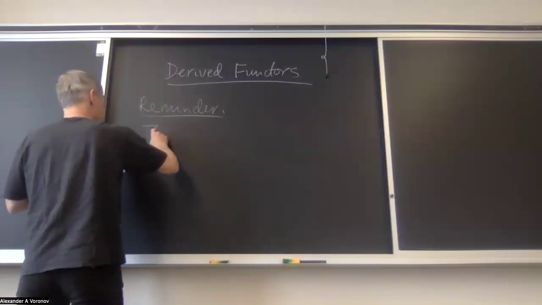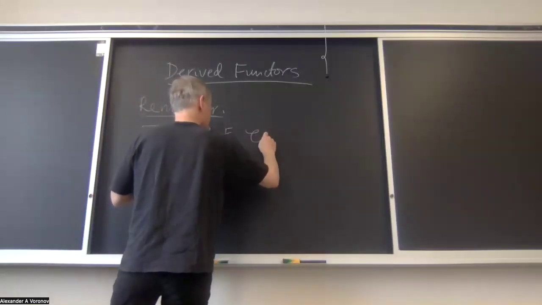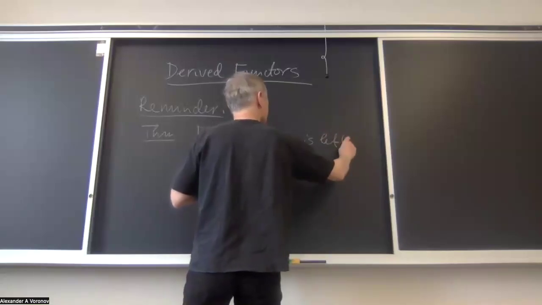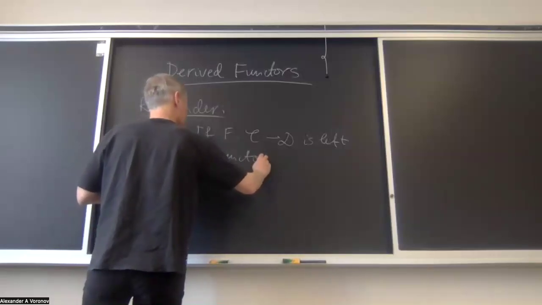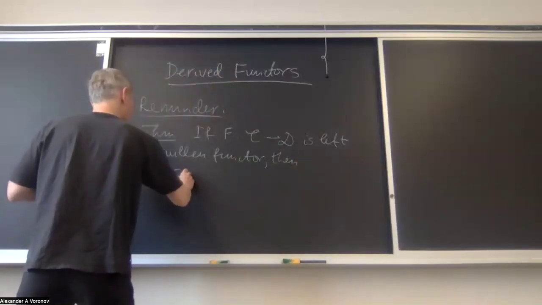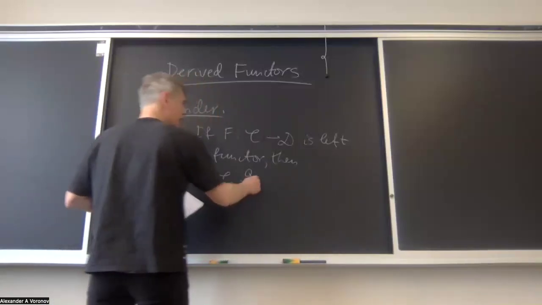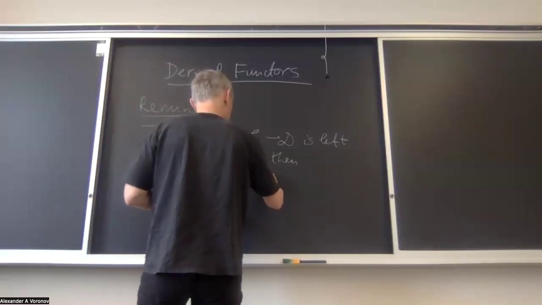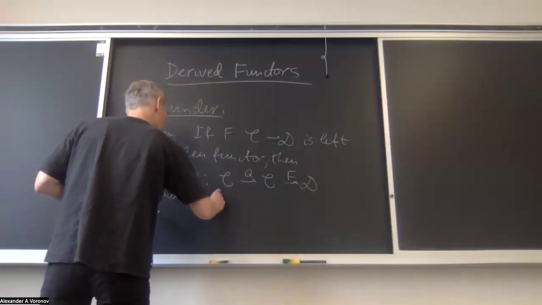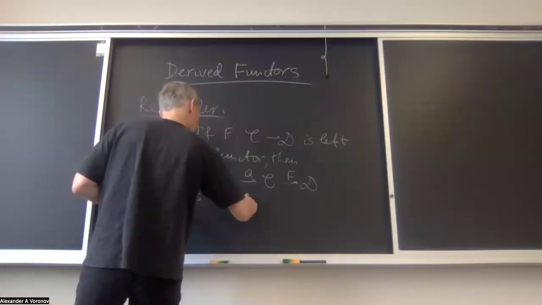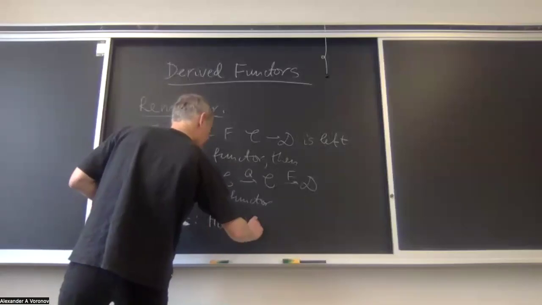As usual, we were talking about this theorem: if F from C to D is left Quillen, that is, we have a Quillen adjunction, then the functor F Q, composition of Q, where Q is the canonical cofibrant replacement on C, and then applying the functor F to D, induces a functor which is denoted by LF from the homotopy category of C to the homotopy category of D.